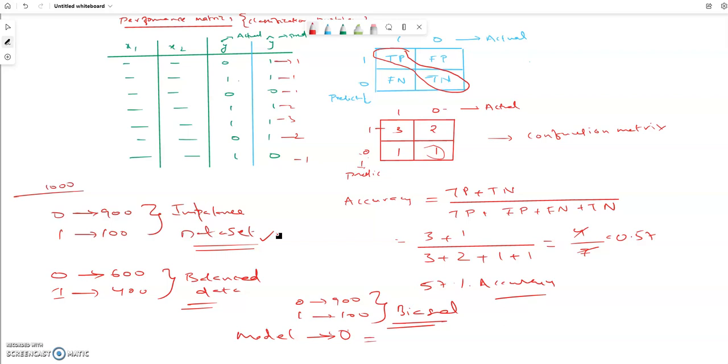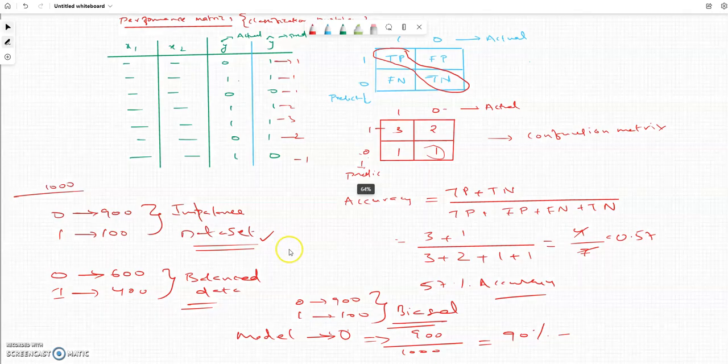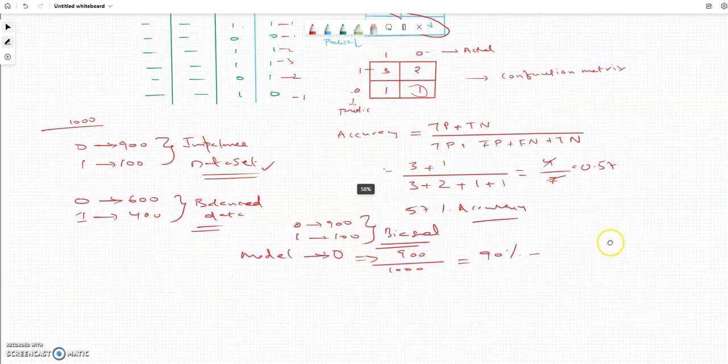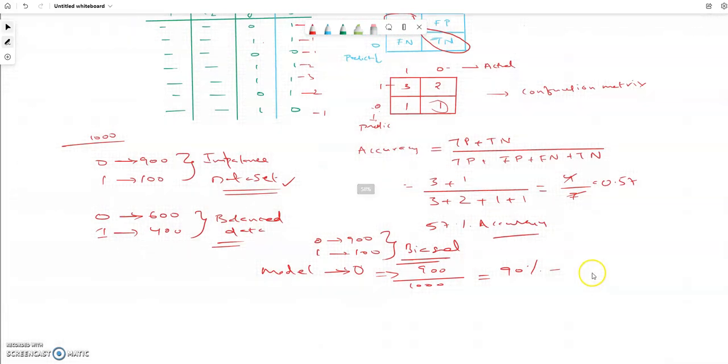Now it will definitely give an accuracy like 900 divided by 1000, which will be around 90% accuracy. So definitely this will be a problem if we have imbalanced data, you need to be very careful to judge the right one.